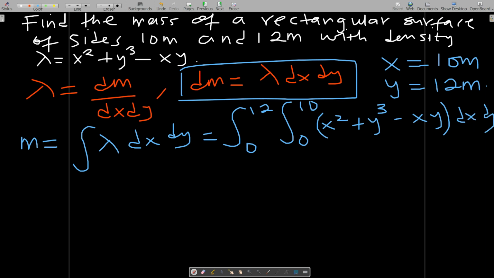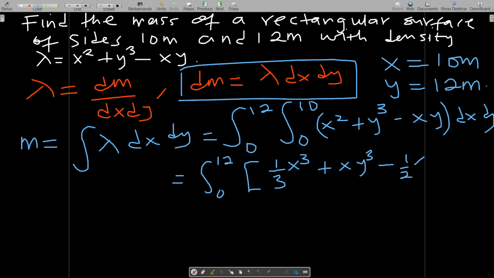Now with this, if I do the first integral properly, 0 to 12, I integrate everything with respect to x. I'm getting 1/3 x cubed plus xy cubed minus 1/2 x squared y, from 0 to 10, dy.